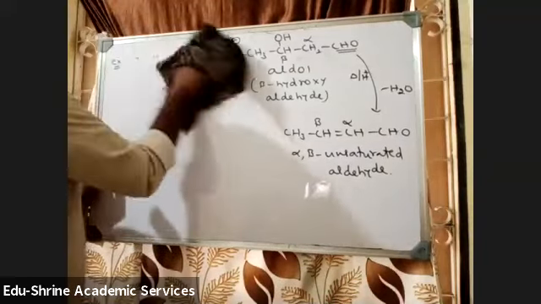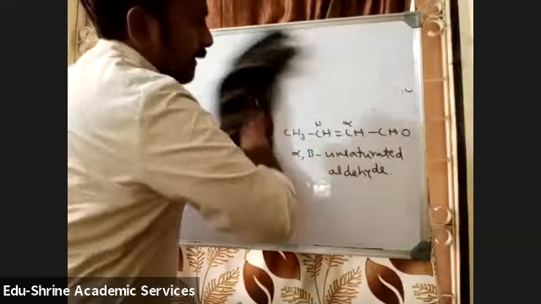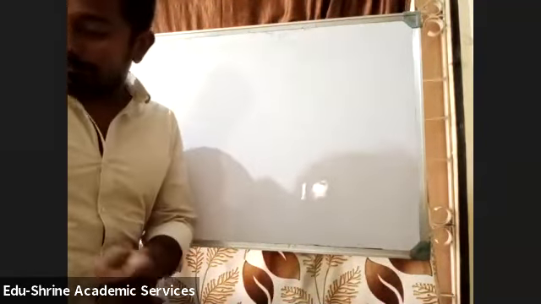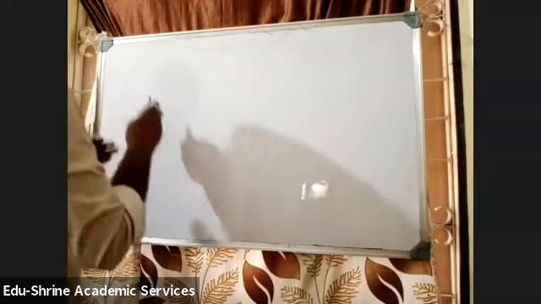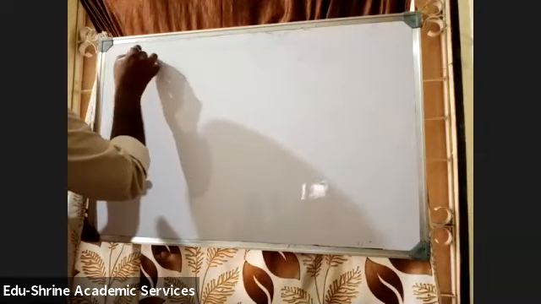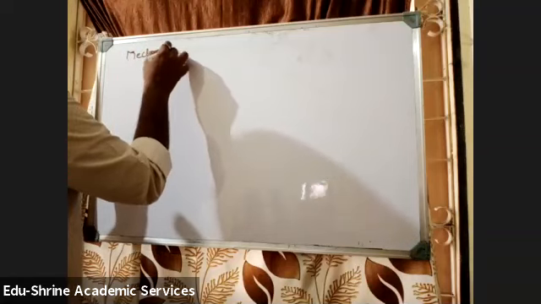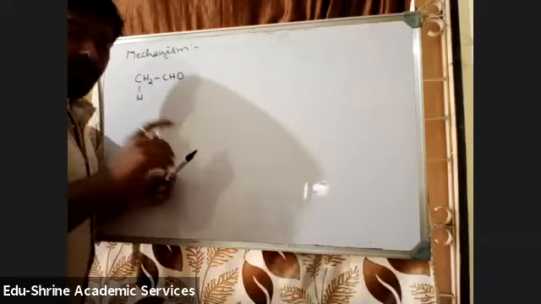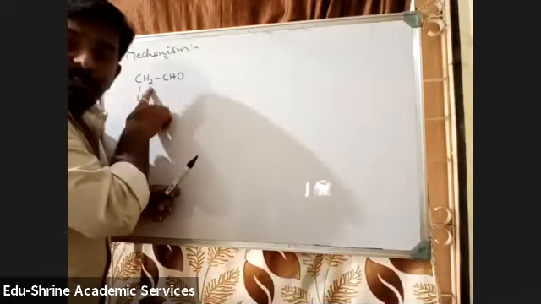Okay, so let us see the mechanism, understand the mechanism, then we'll see how to write the direct product. See, first step. First let us take one aldehyde. So this is an aldehyde I am taking. Because the reactions are due to acidic hydrogens, right?